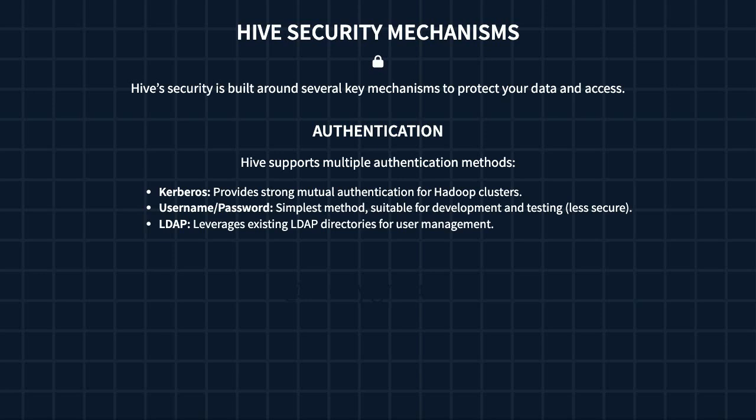Think of ACL as very specific permission lists at the table or even individual column level, and RBAC lets you assign users to roles with predefined access rights. Finally, we have encryption, both protecting your data when it's stored, encryption at rest, and during transit using SSL/TLS. It's a layered approach to make sure everything is secure.